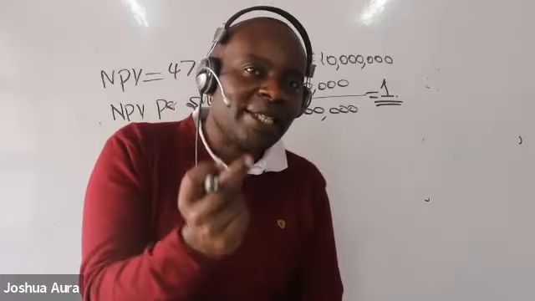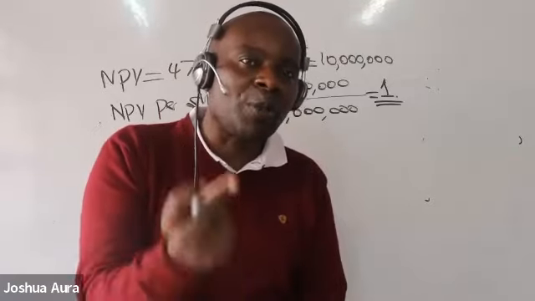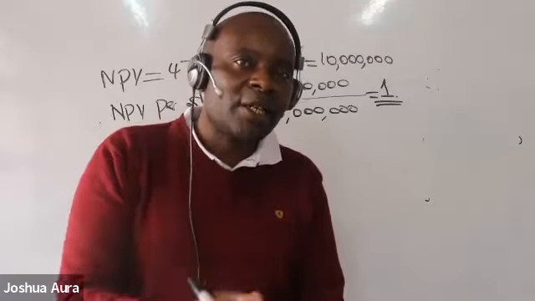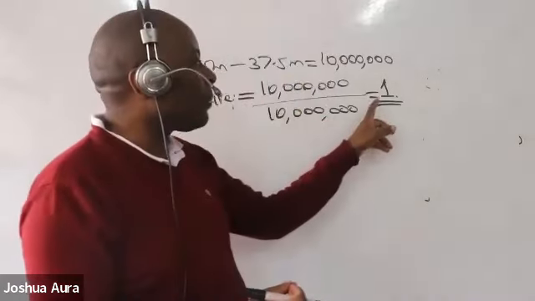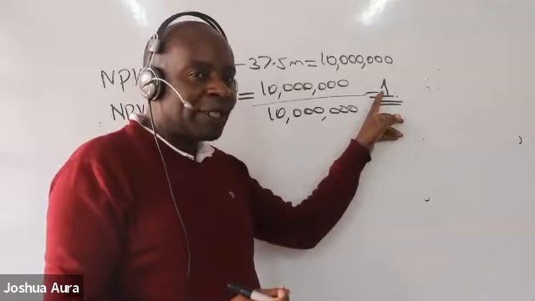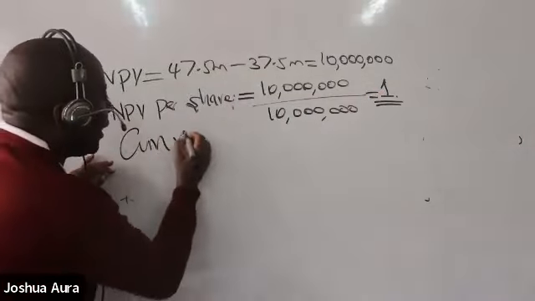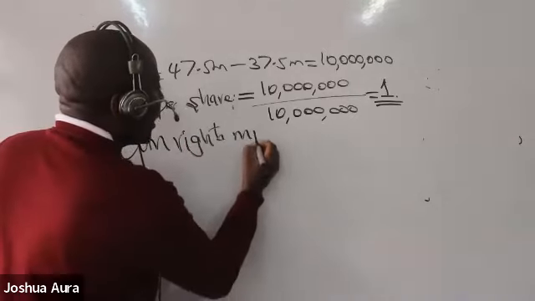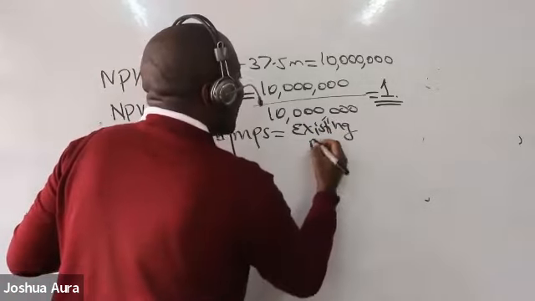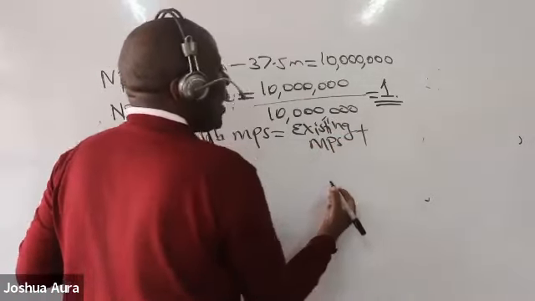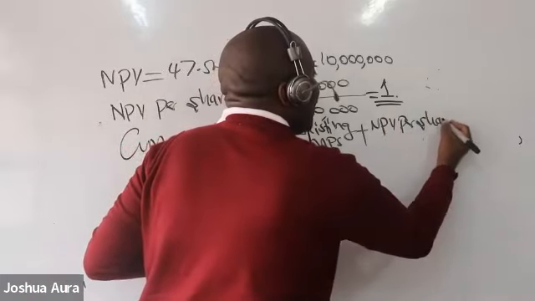When we do this rights issue, the rights issue amount will be invested in a project which is going to yield an extra value of shillings. How much here per share? 1 per share, isn't it? And therefore, the CAM rights market price will be the existing market price plus NPV per share.